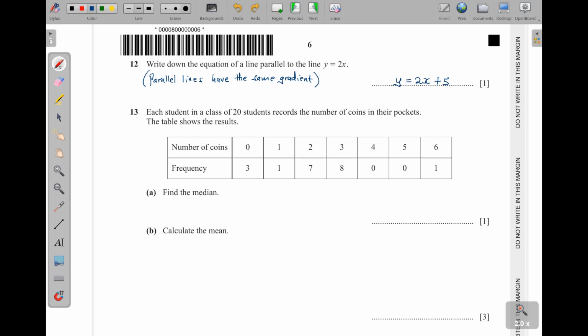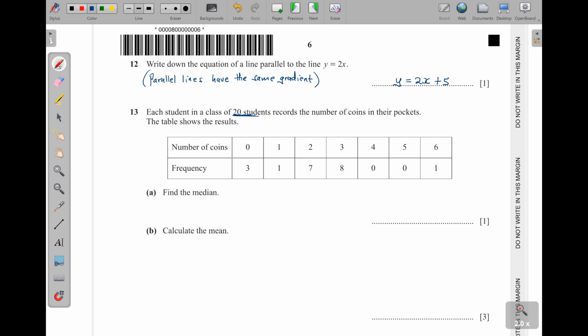Question 13. Each student in a class of 20 students records the number of coins in their pockets. The table shows the results, and they're telling us to find the median. Since the number of students here is even, we are going to have two middle numbers, because we are supposed to arrange them in order.